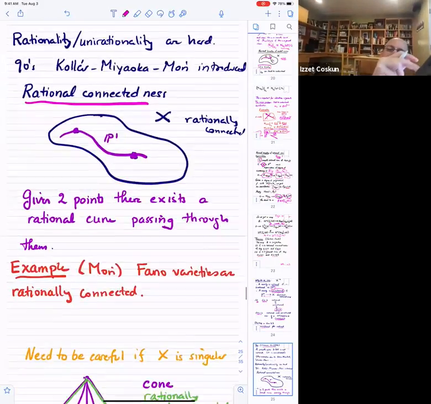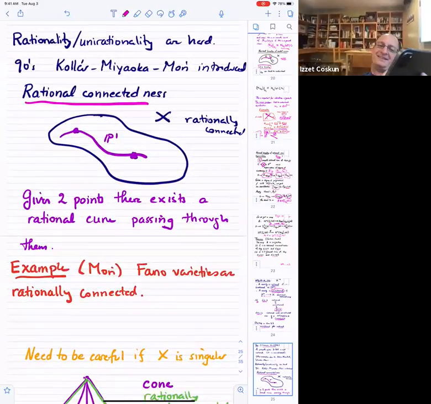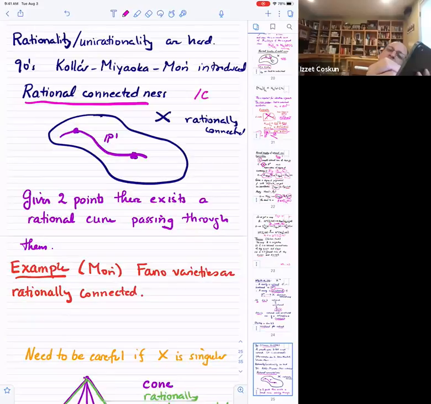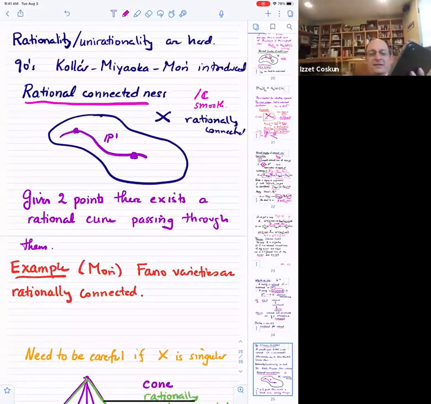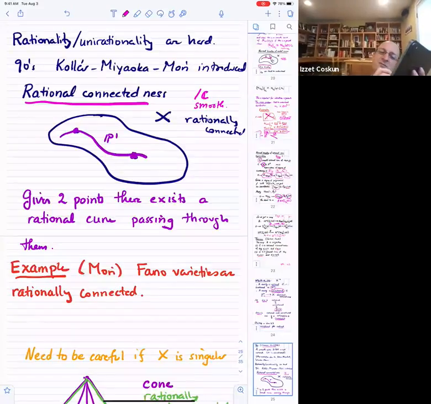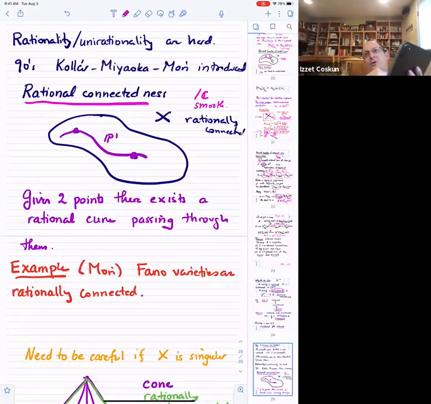Let's understand this. What does it mean for a variety to be rationally connected? Again, let me pretend I'm over the complex numbers and my variety is smooth. Then you can define this in various ways. One is that through any two general points, there's a chain of rational curves.